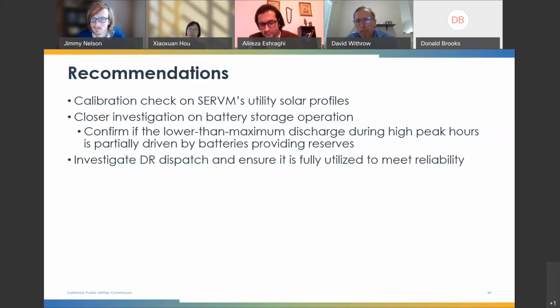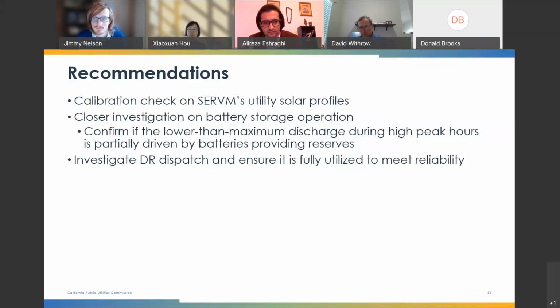And so I'm wondering, A, whether reg down is really being modeled separately from reg up, and whether that might be one of the reasons why, at least in the early years, the combined cycles go basically all the way to zero in the model, whereas they don't in reality, they stay up. And indeed, quite a few of them are above PMIN, exactly to provide reg down.